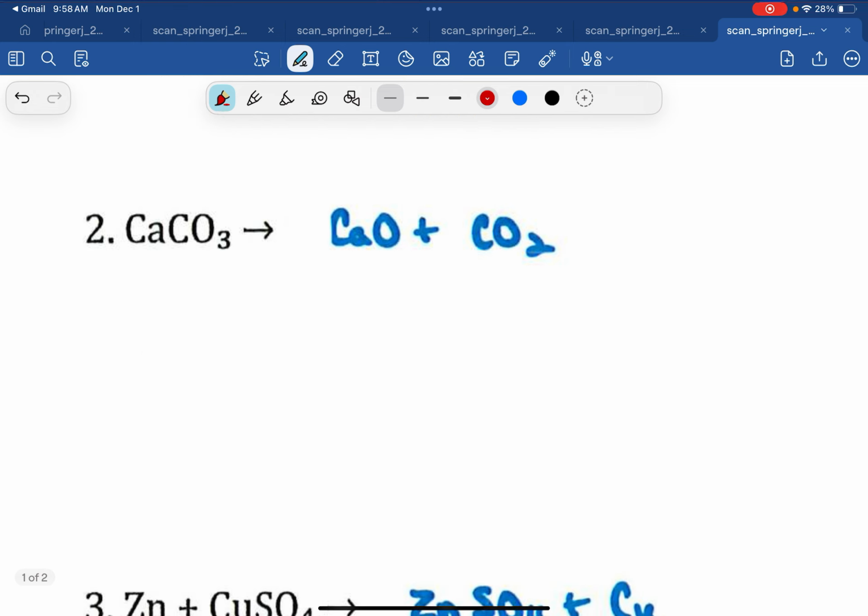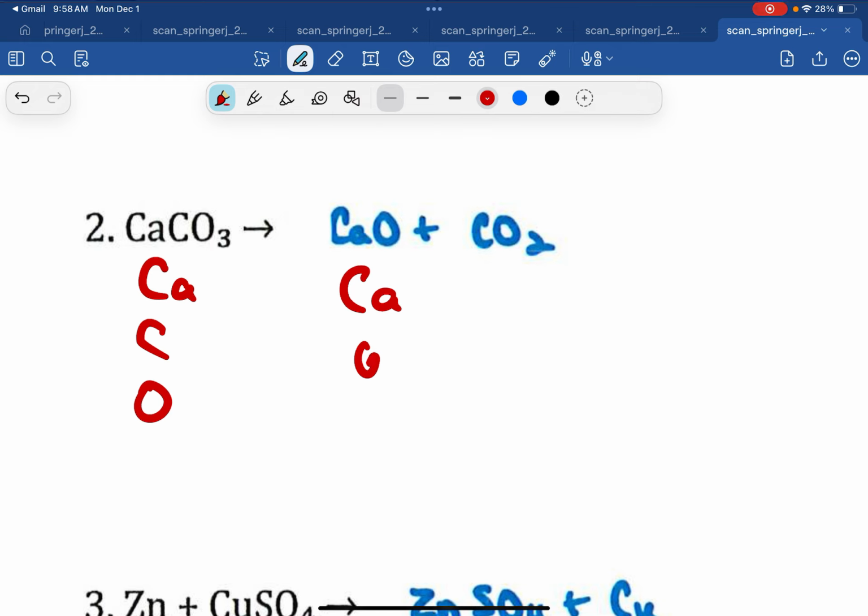All right, second one, calcium carbonate makes calcium oxide plus carbon dioxide. Those formulas were correct. I'm going to do an atom inventory. That's what I like to call it. And it is helpful if you write your elements in the same order on both sides.